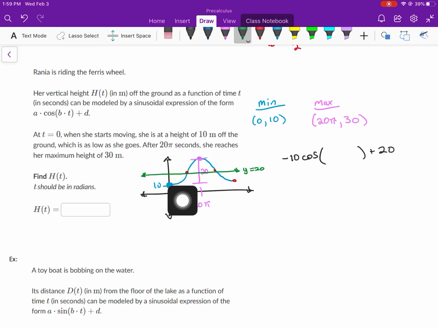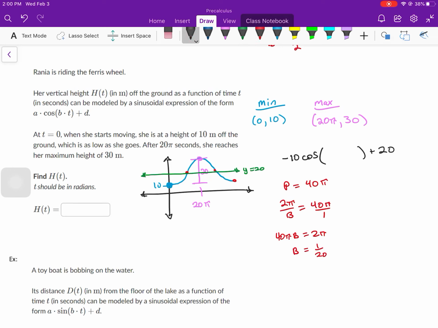And then our period: well, halfway is 20 pi, so the full period is 40 pi. So 2 pi over b equals 40 pi. That's over 1. So cross multiply: 40 pi b equals 2 pi. Divide to get 1 over 20 for b.